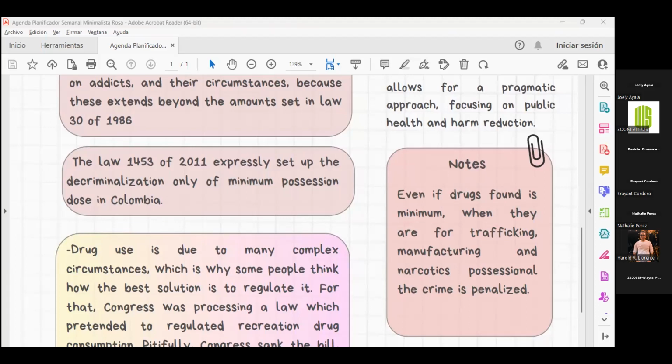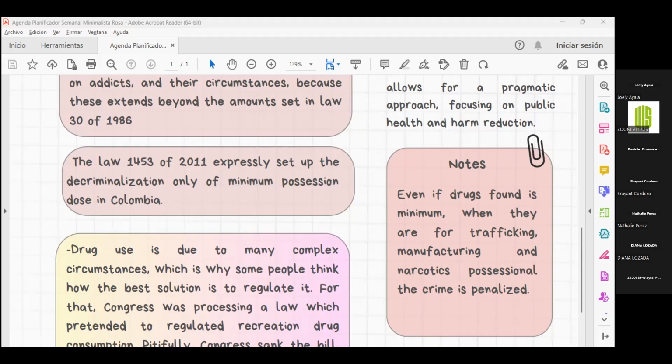Do you have questions for group number 1, guys? Maybe if someone knows what the status is right now of this law that was in process, that was avoided totally.